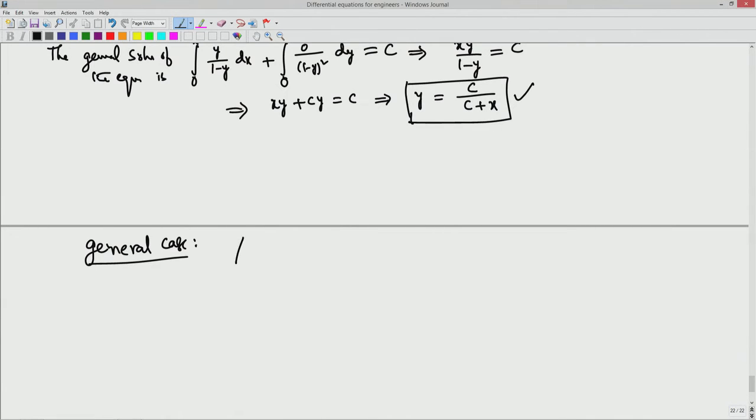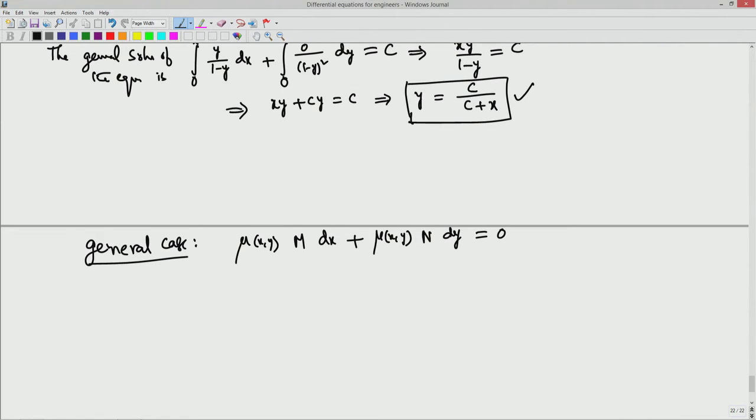So I multiply mu of x, y with m dx plus mu of x, y with n dy equal to 0. This is a given equation which is not exact, m dx plus n dy. If I multiply, I hope this to be exact. So you have that equation.